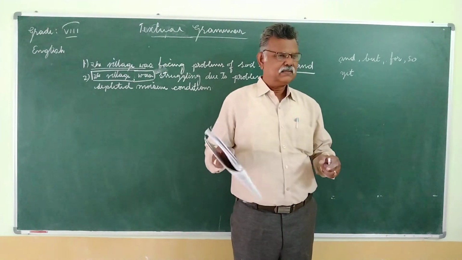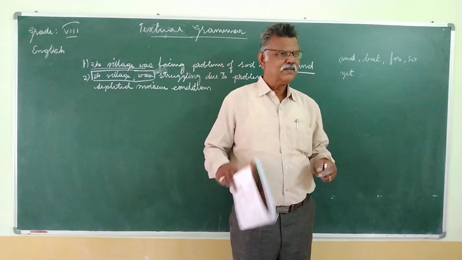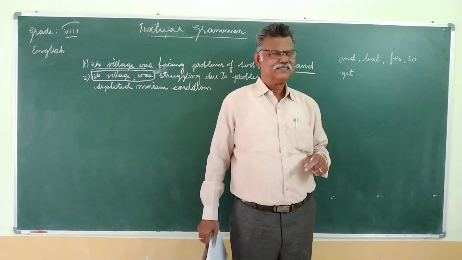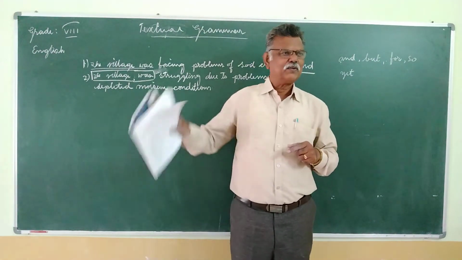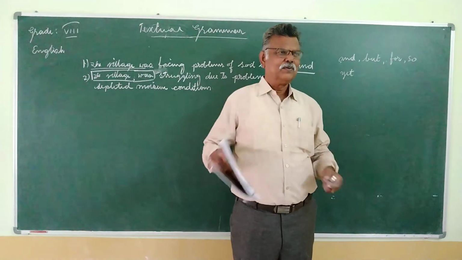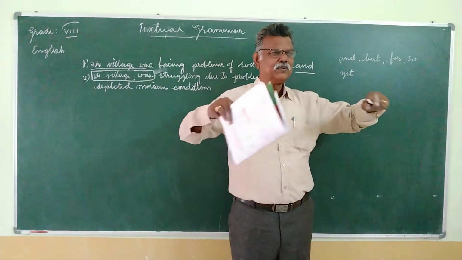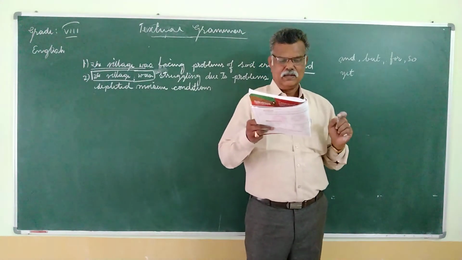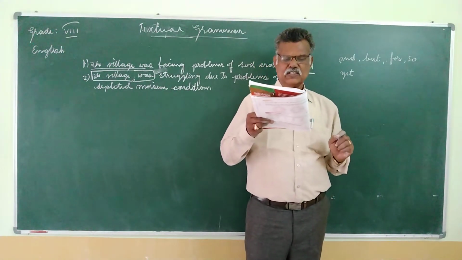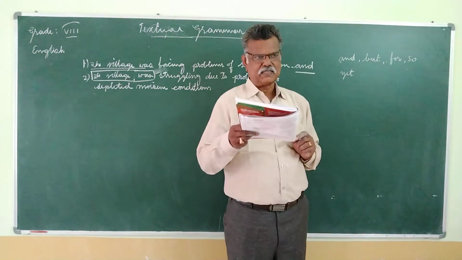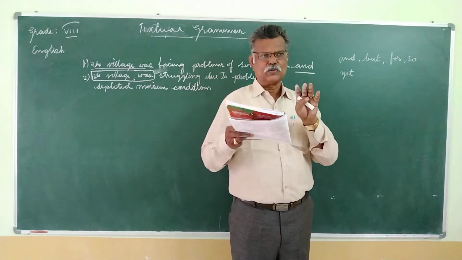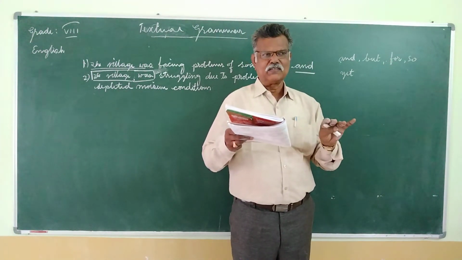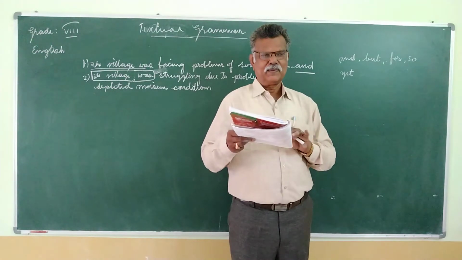Both ends meet means one is to feed my children, and at the same time I have to solve the financial troubles. Both the things meet means to attend to both. That's called meet. Padmamma was struggling to make ends meet. It means two things she has to do. She has to feed her family. Second one, she has to invest for cultivation.